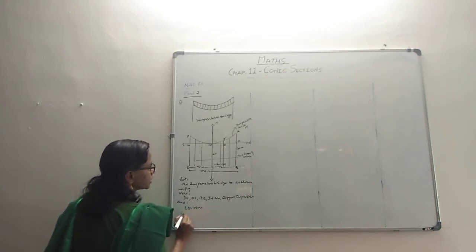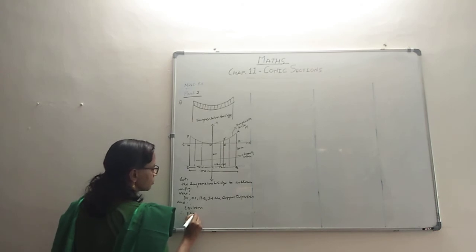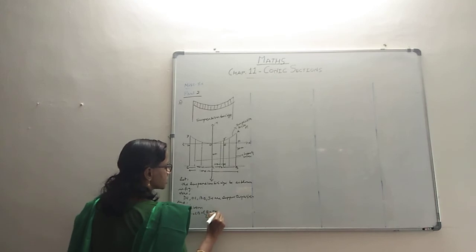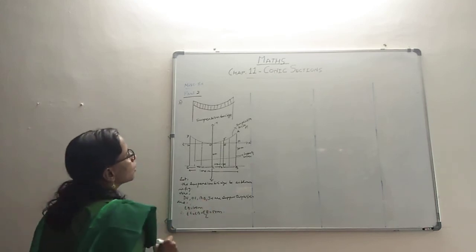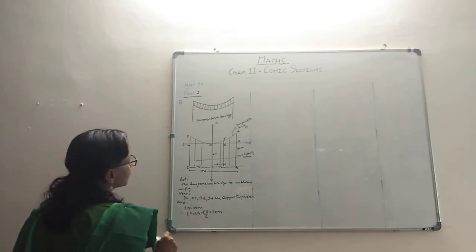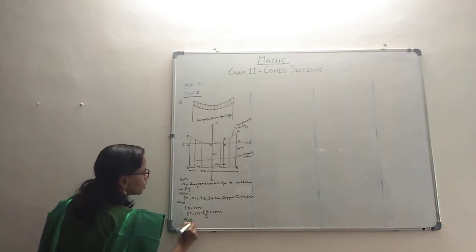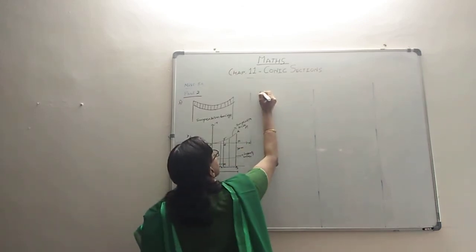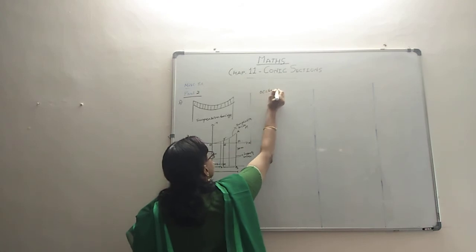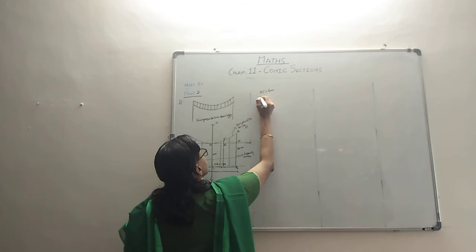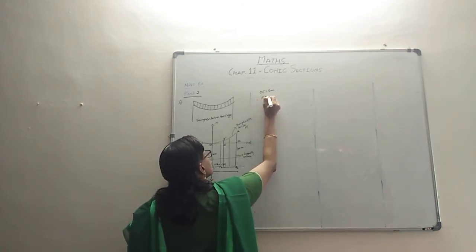That makes, therefore, EC equal to CB, which is half of EB, becomes 50 meters. Also, OC is 6 meters. So, therefore, FB will also be 6 meters.